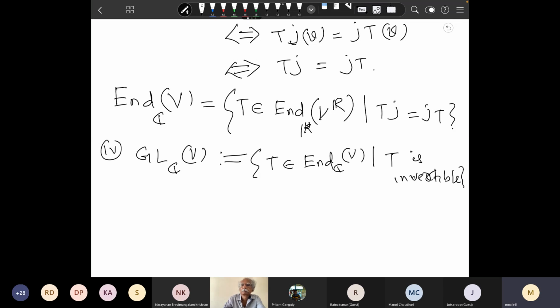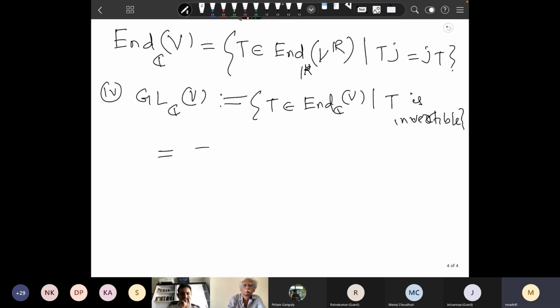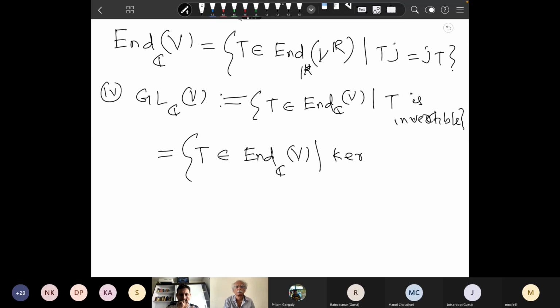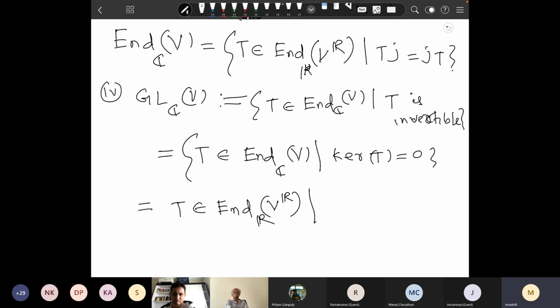That is the same thing: T is complex linear, so that kernel of T is equal to 0, right? From the third point, we have a characterization of complex linear maps on V. From the third point, you can write that T belongs to End_R(V_R) so that TJ is equal to JT and kernel of T is equal to 0, right?